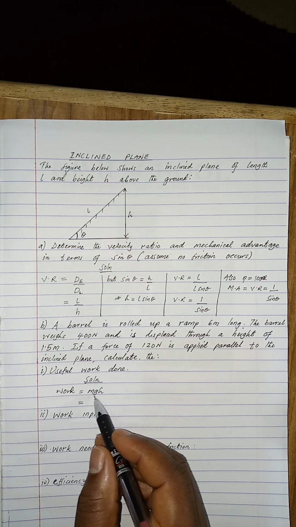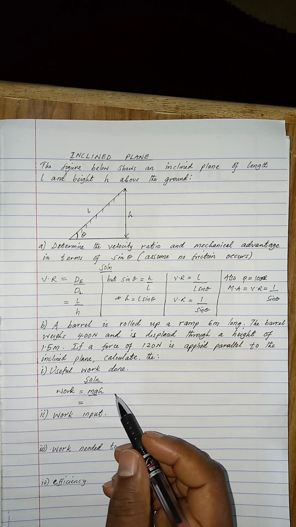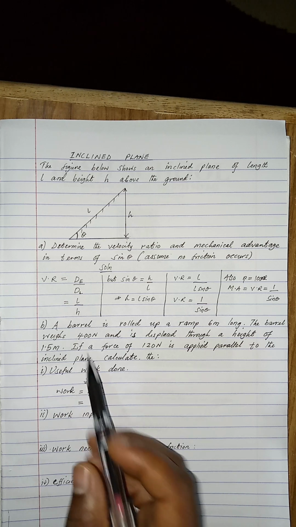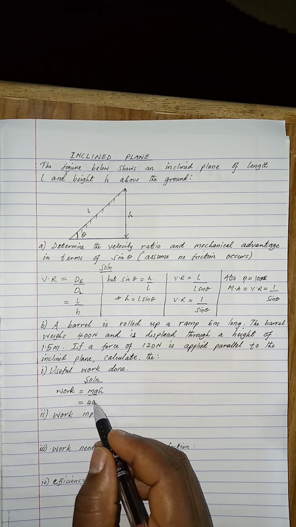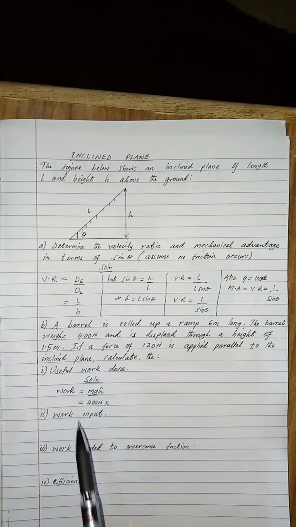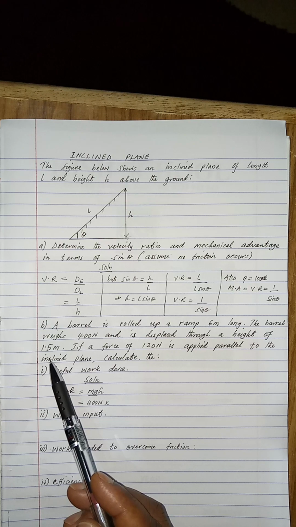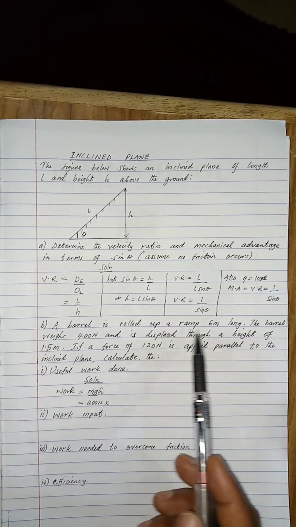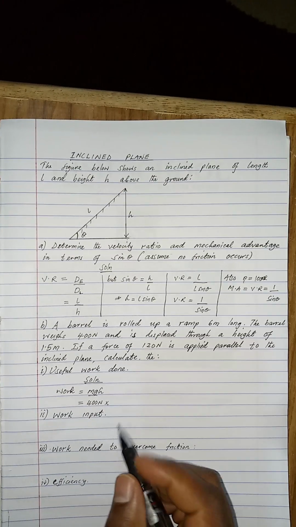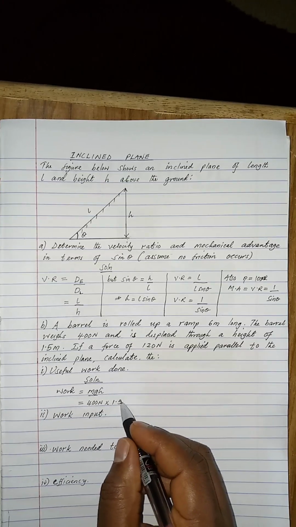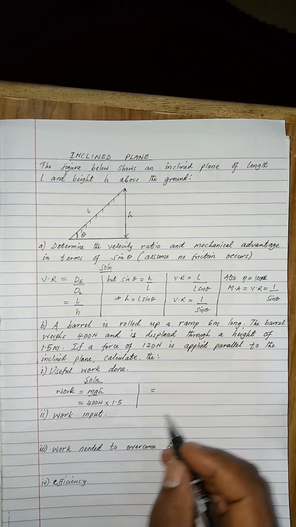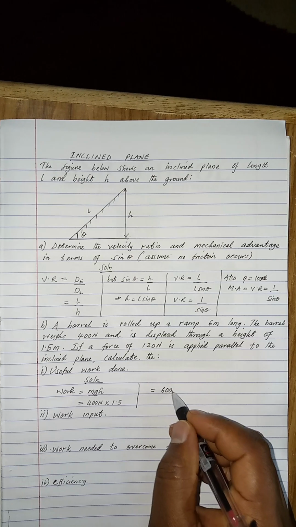Therefore we can say mg is the weight, and the weight of that is equivalent to 400 newtons, times the height to which it is lifted, 1.5, and that will give us 600 joules.